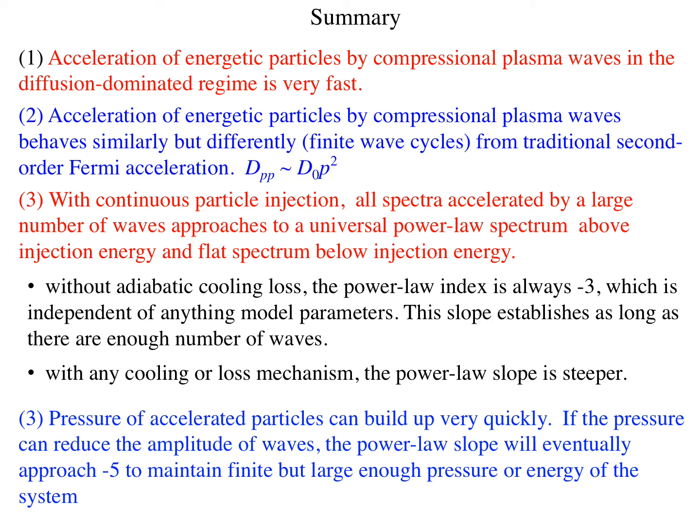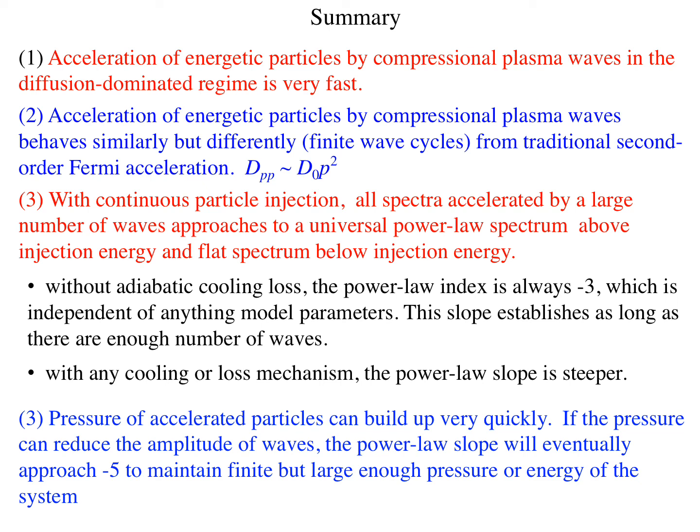The acceleration of particles by compressible plasma turbulence in the diffusion-dominated region is very fast. The behavior of acceleration is very similar to particle diffusion in momentum space, or second-order Fermi acceleration.